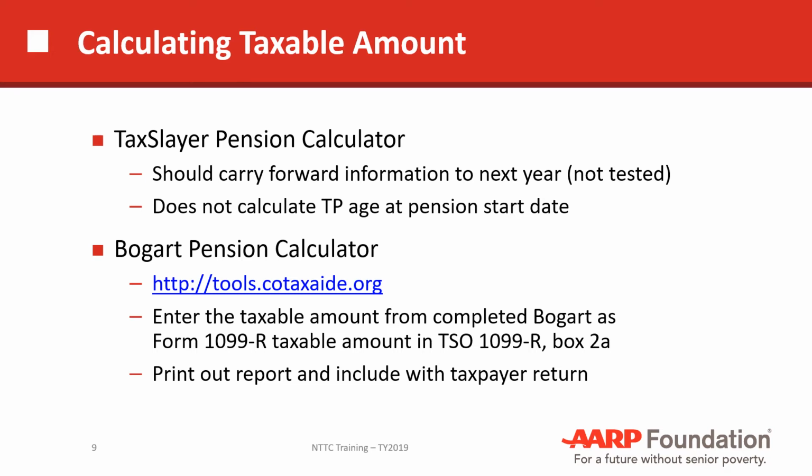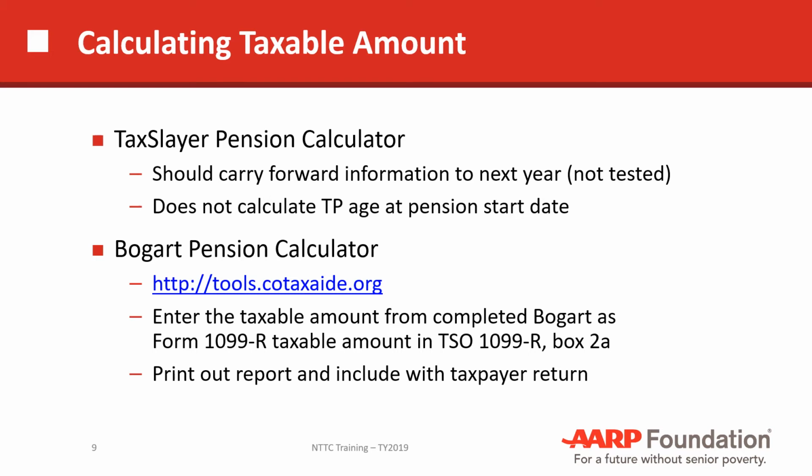So if we use the next thing on the slide, the Bogart pension calculator, the pension calculator will calculate that for us because we enter the actual annuitant's age and the spouse's age, and it will then calculate everything. So we don't really have to stop and think, okay, how old was this person on that particular date? Now you can see Jeff Bogart is a gentleman, he's one of our volunteers in Colorado who has created a whole bunch of tools, software tools, because he was a software engineer in a prior life.